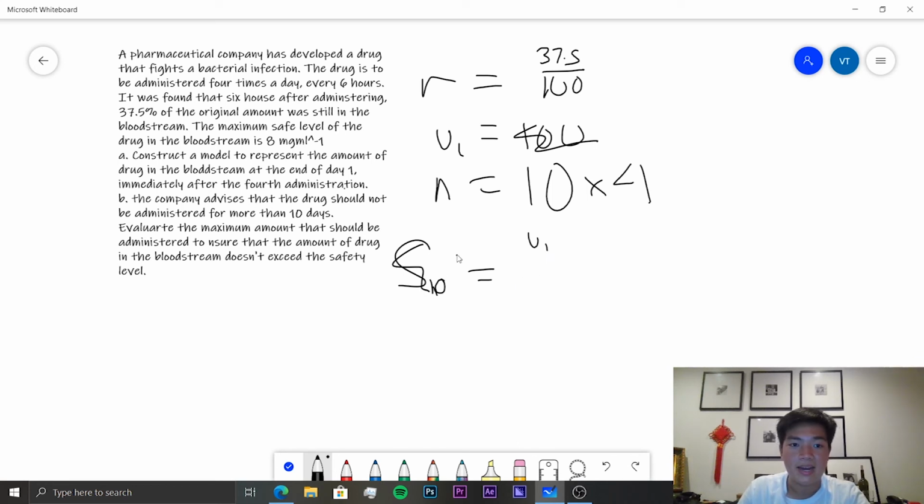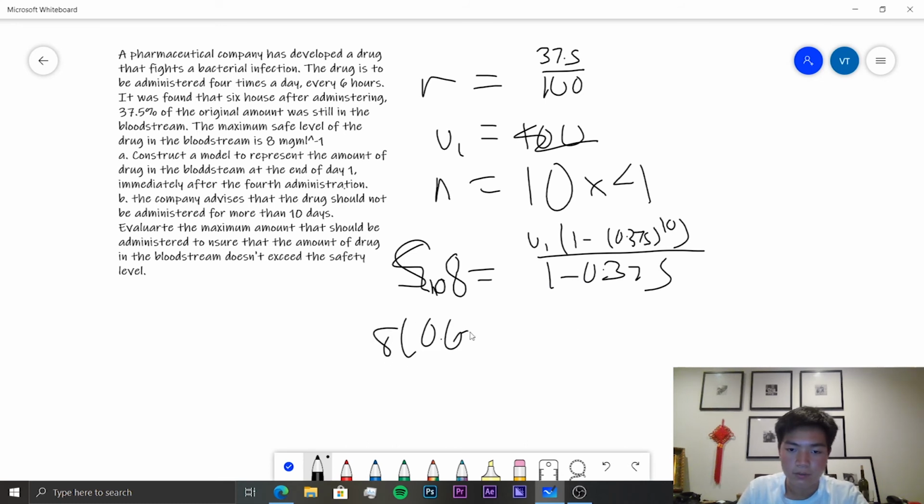So, to get the sum of this after 10 days, it's equal to the initial dosage, and we know this should be at most 8, is equal to the initial dosage times 1 minus 0.375 to the power of 10 divided by 1 minus 0.375. So we have 8 times 0.625 divided by 1 minus 0.375 to the 10 should be equal to the initial dosage.